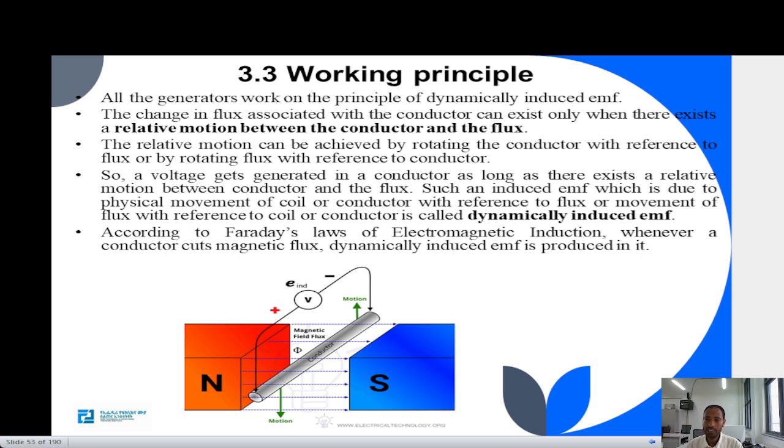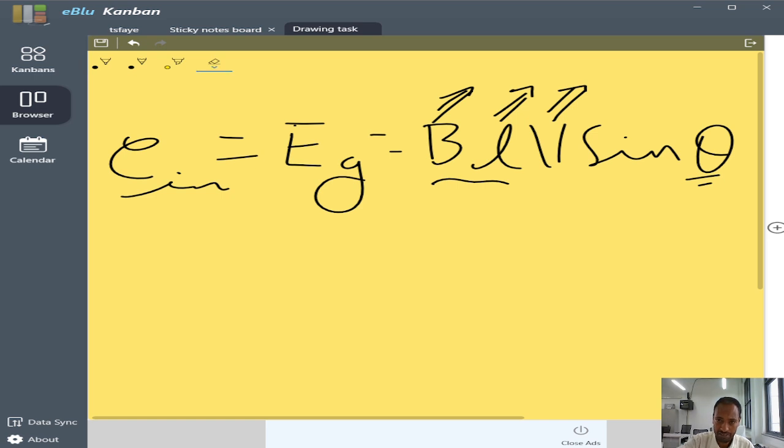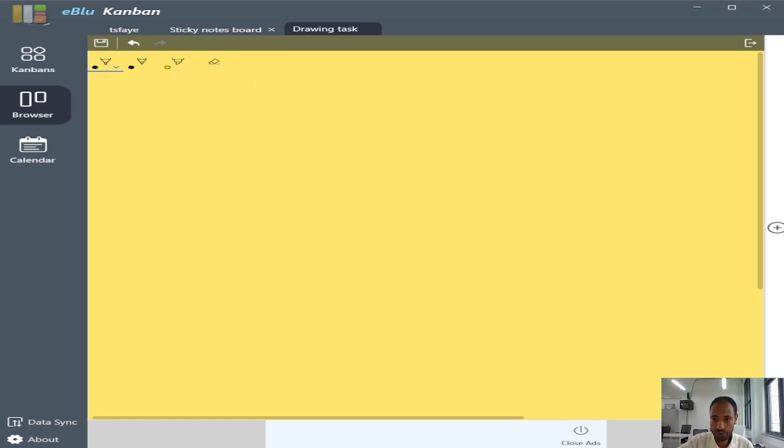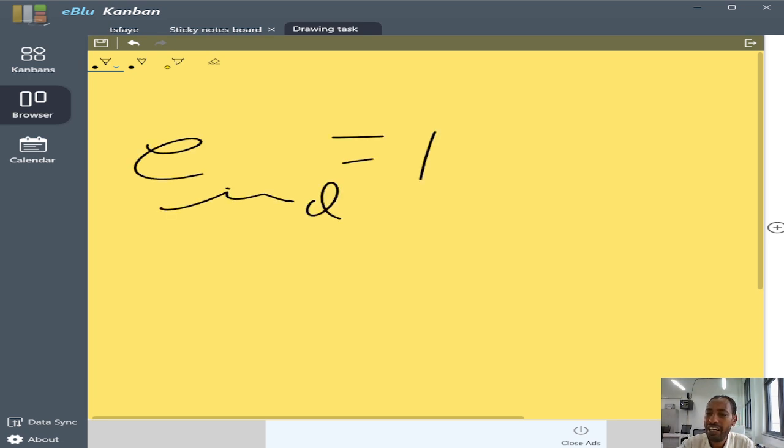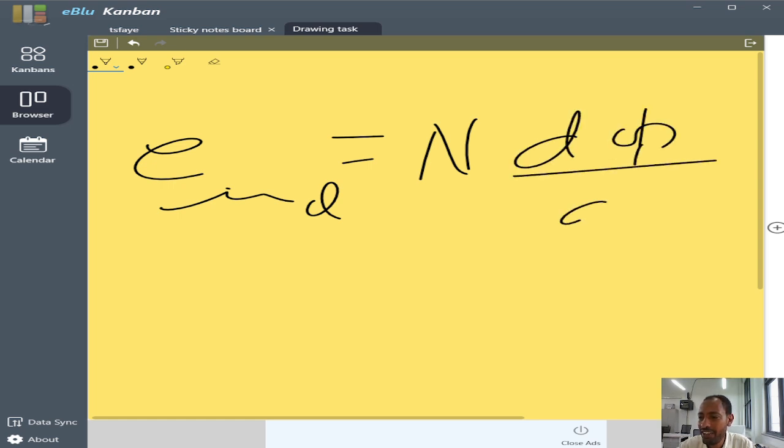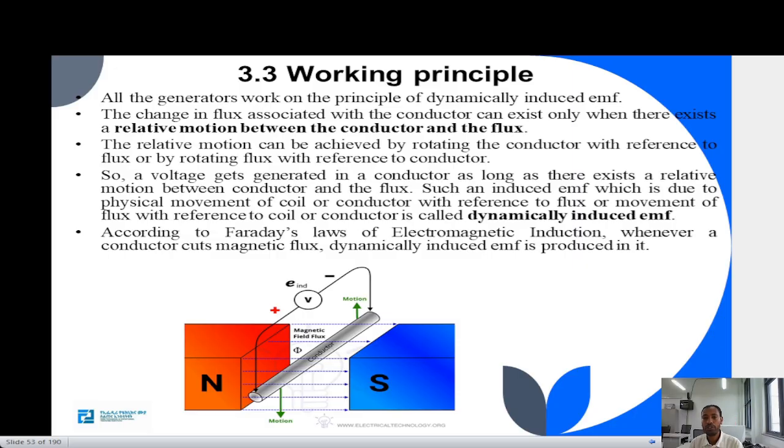To express it in another way, Faraday's law is given by E induced equals N d phi by dt. Induced voltage depends on the number of conductors times the rate of change of flux. This is what we call induced voltage by Faraday's law.